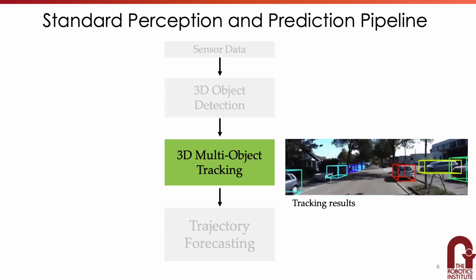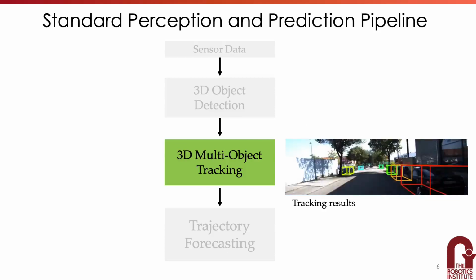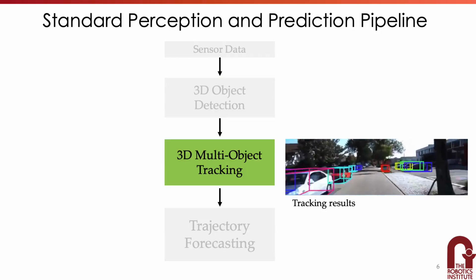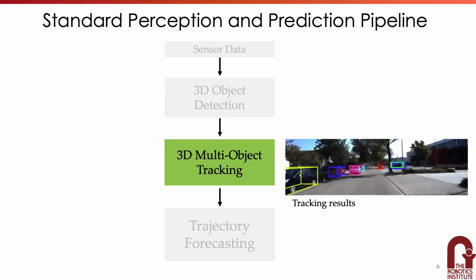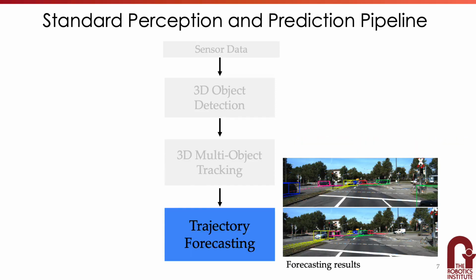Then, a 3D multi-object tracking module takes the bounding box results from the detection module and obtains object trajectories up to the current frame. Finally, future object trajectories can be predicted based on its history trajectories obtained from the tracking module.